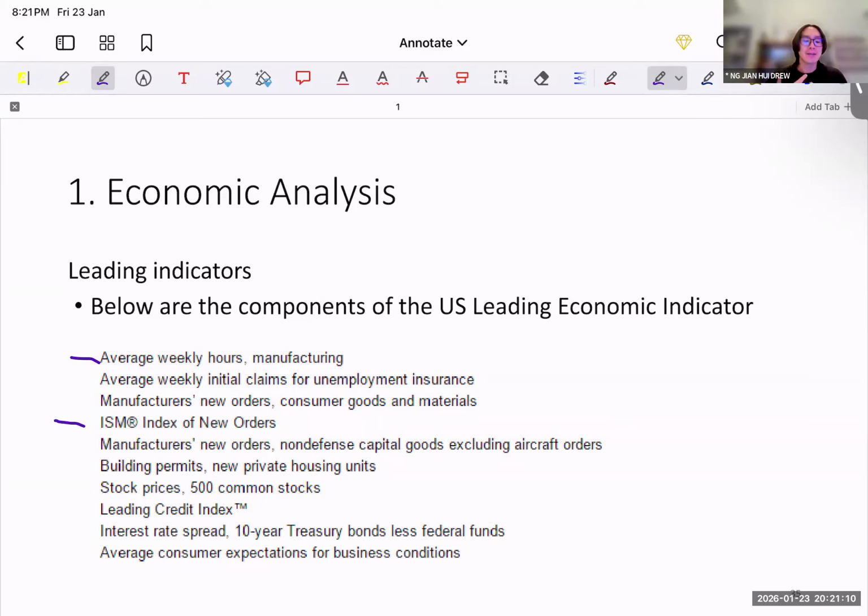And because shipbuilding takes a long time, it takes as long as 3, 4 or 5 years just to build a ship, the order book provides you information on what the demand for their products is in the next 5 years.